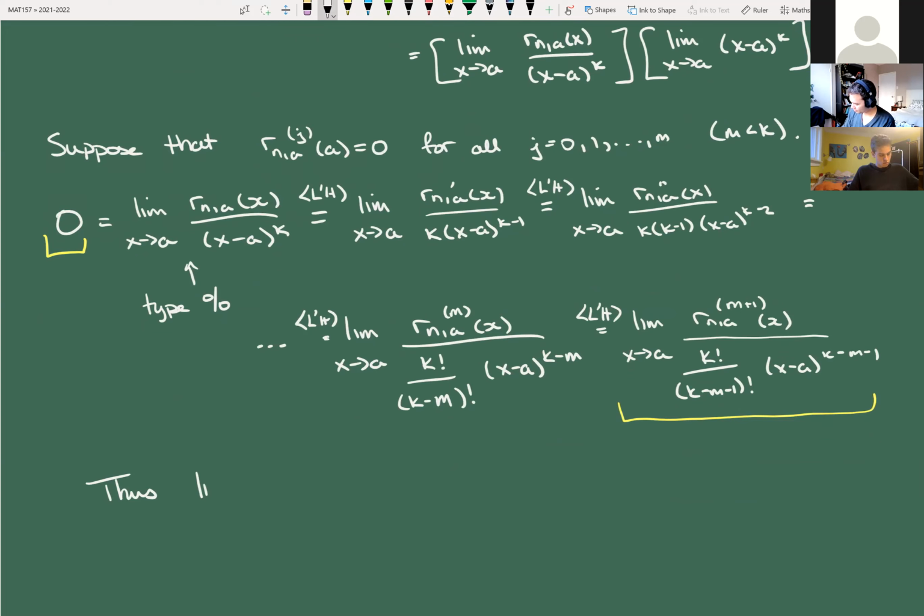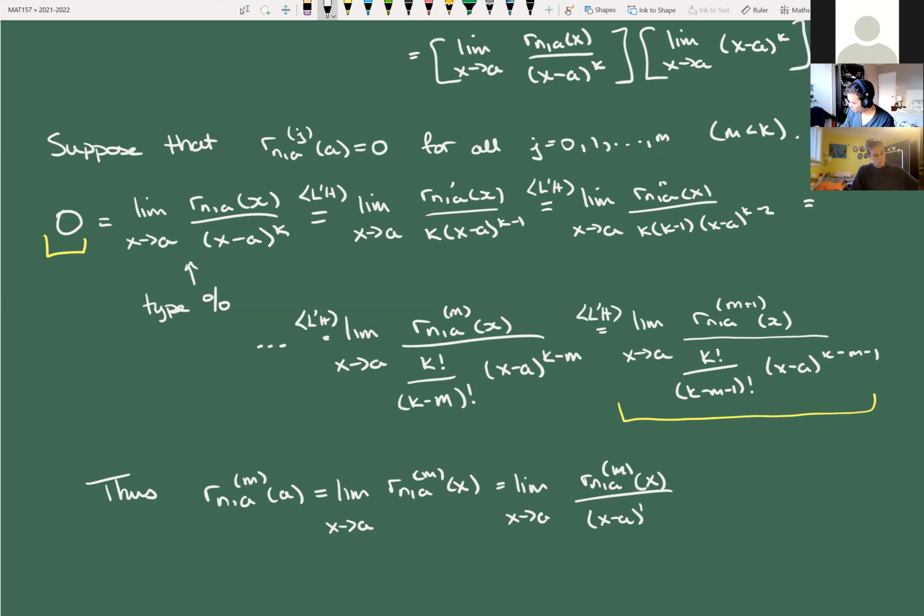Thus, the limit, so again, this is continuous, R_{n,a}^{(m)}(x), and then we're going to multiply and divide, to the k minus m minus 1, or I guess this should be m plus 1, because that's what we're proving now.